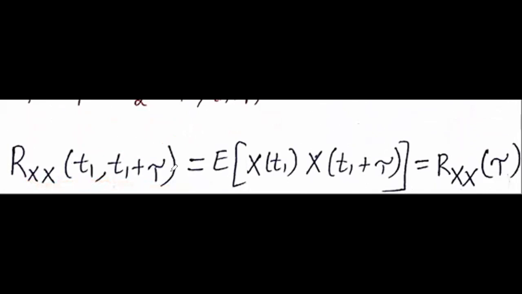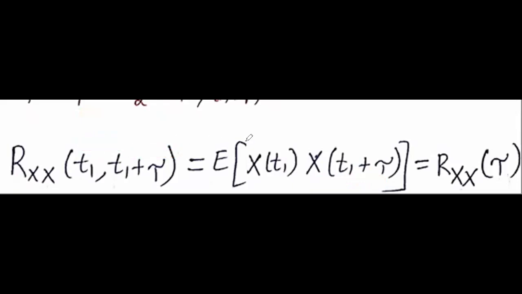expected value of x of t1 and x of t1 plus tau. That is simply we are going to represent with Rxx of tau, right? So see here, what are the constraints here we are considering?